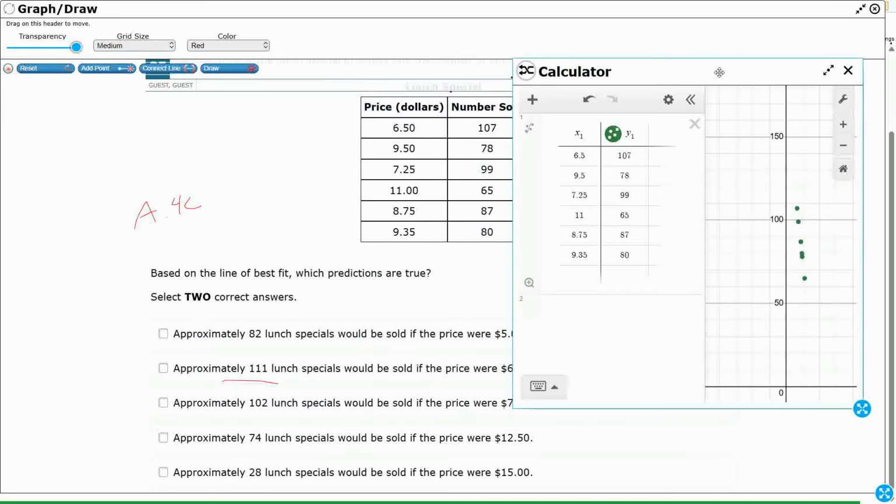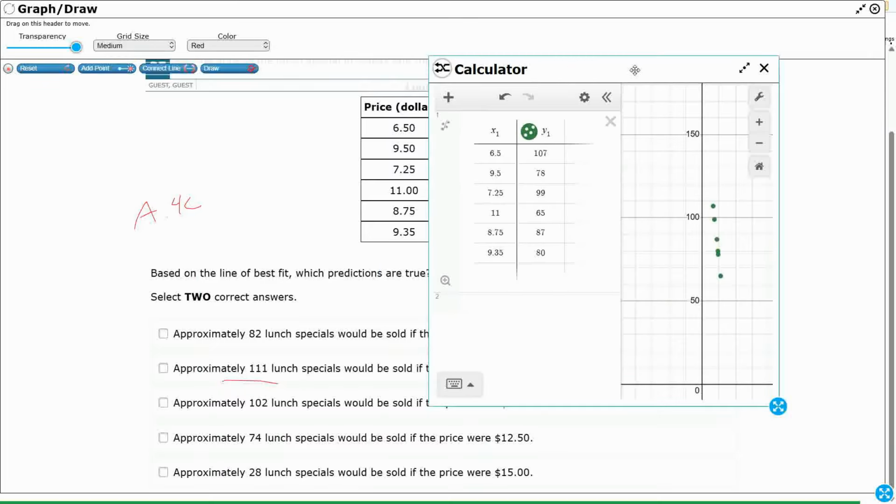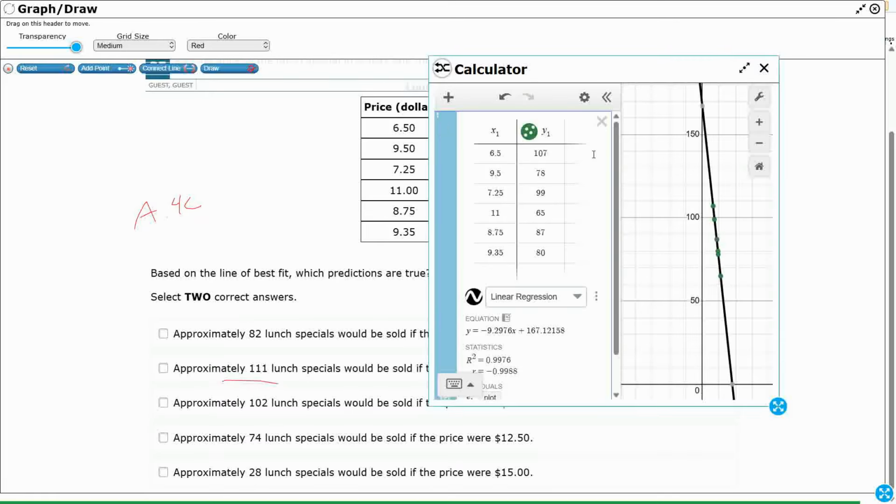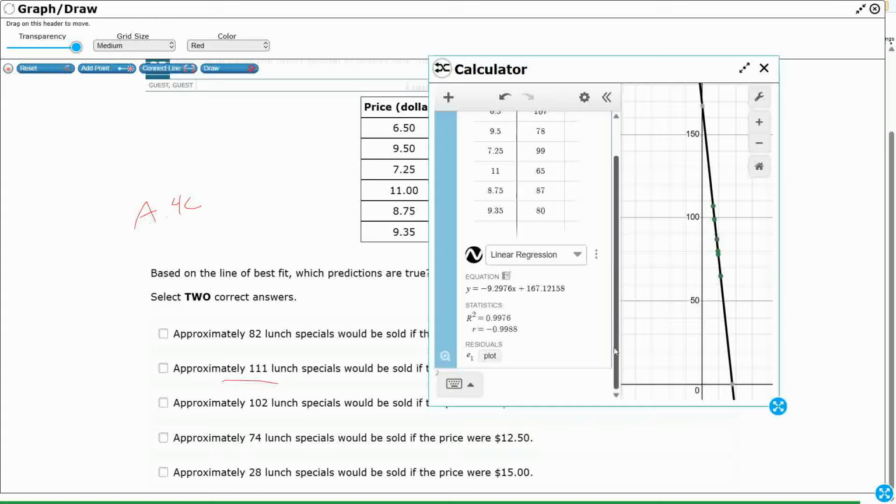Okay, so approximately 82 lunch specials will be sold at the price of $5. All right, so let's take a look at that. If we get into $5, we've got our line of best fit that we can add right there. Does that make sense? Well, we can take a look at it on the line, and that would help. Or we do have a basic equation that they give us.